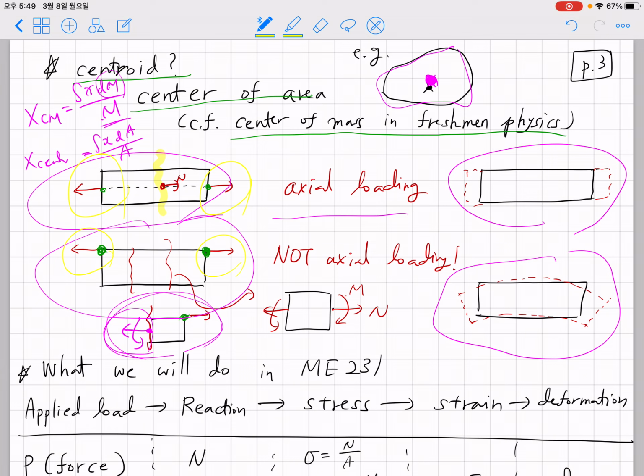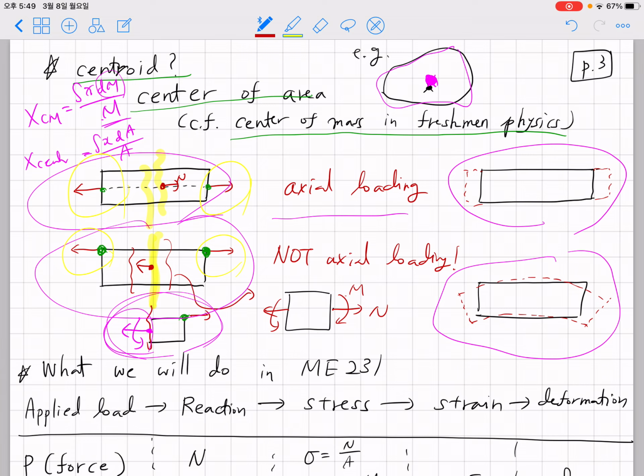What you have to do is make an imaginary cut for your cylinder under the force, and at this imaginary cut, you have to consider whether you can satisfy mechanical equilibrium, force equilibrium and torque equilibrium, only with this normal force at the centroid.